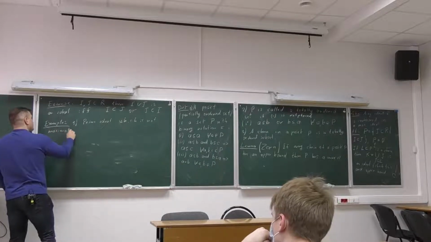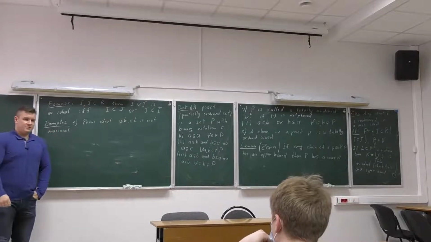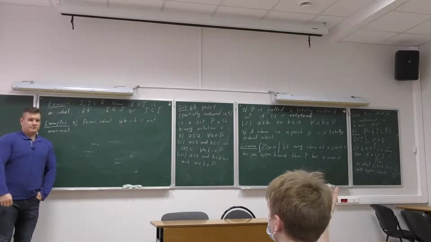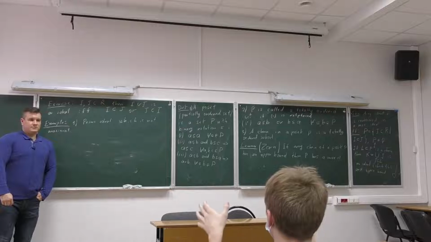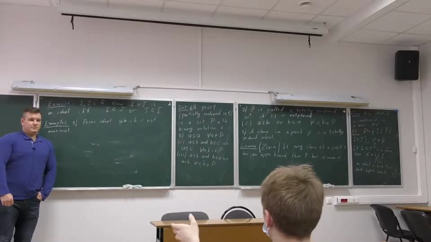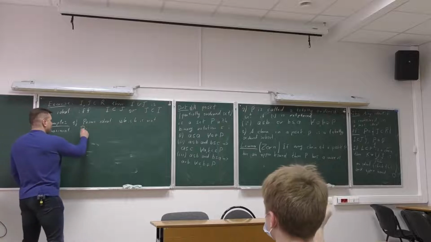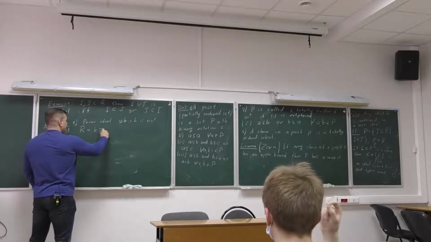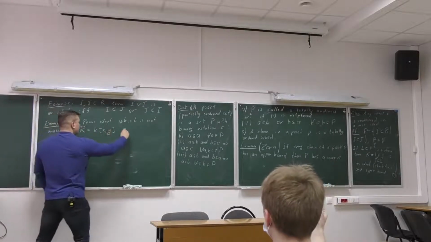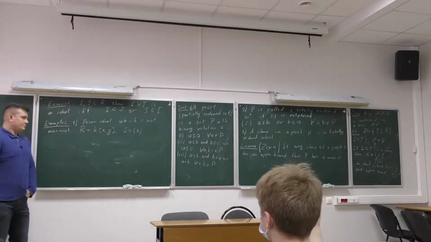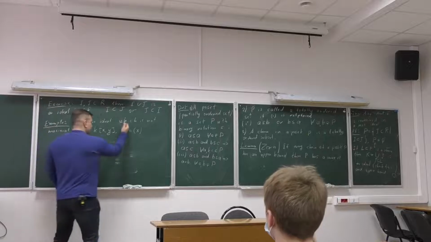So give me an example of a prime ideal which is not maximal. We can take a ring of polynomials of two variables, x and y, and we can take, for example, the ideal generated by x, and the quotient ring will be just a ring of polynomials of one variable.